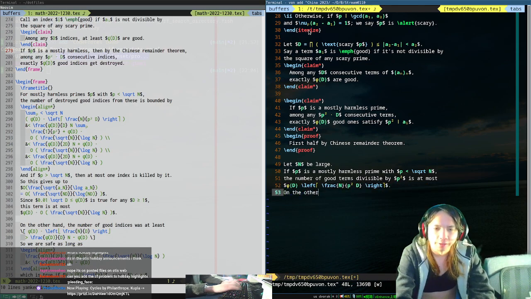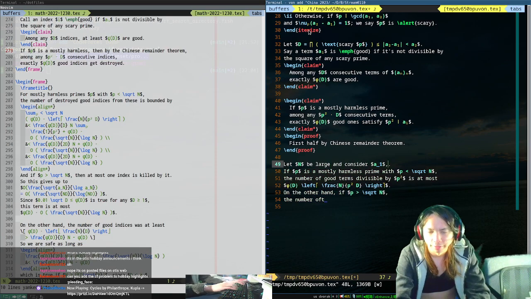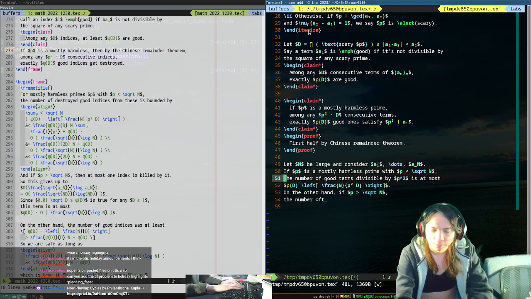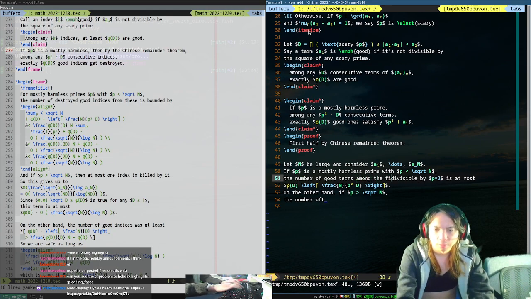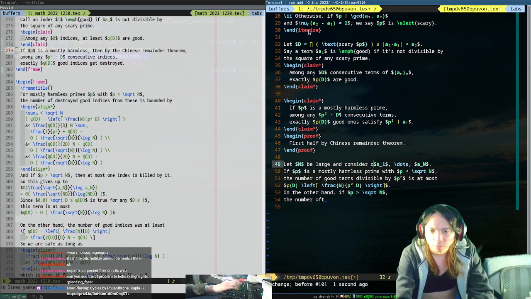On the other hand, if p is greater than root n, consider a_1 through a_n.